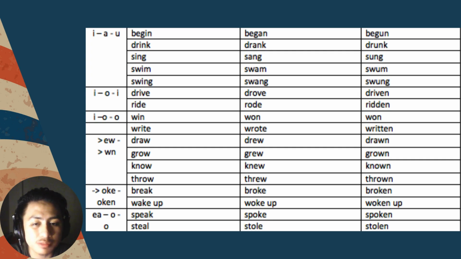So break becomes broken as its past participle, and wake up becomes woken up. There are also verbs that have ea in them, like speak and steal, and they are to be changed to oken. So speak becomes spoken, steal becomes stolen.